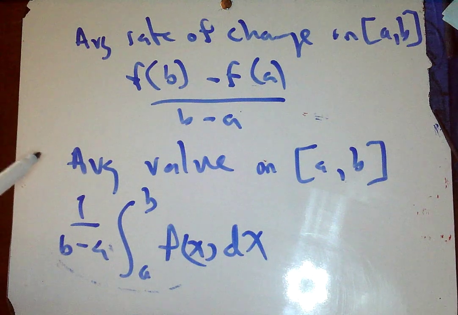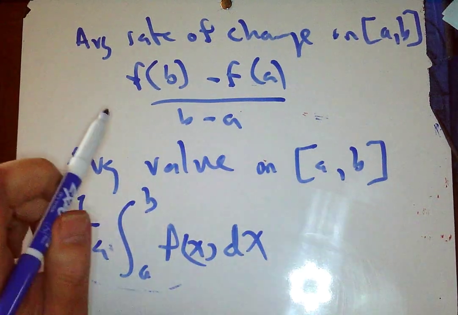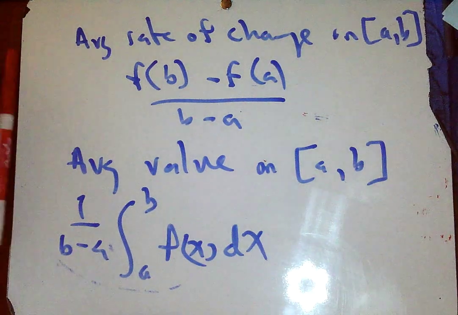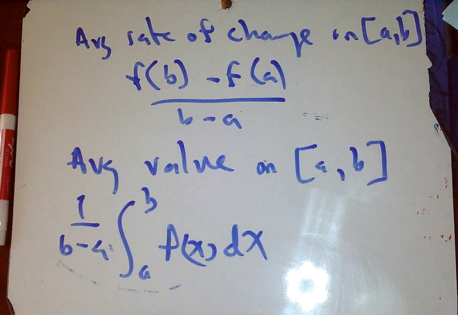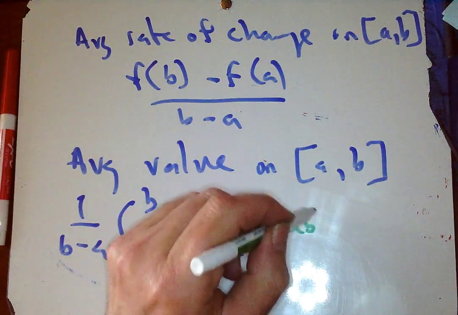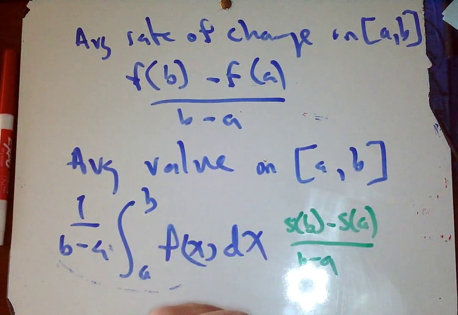But Mr. Coop, did you show us a little while ago that these things are equal to each other? Not quite. What I said was, if we wanted to talk about average velocity, we could say that average velocity was s of b minus s of a over b minus a.